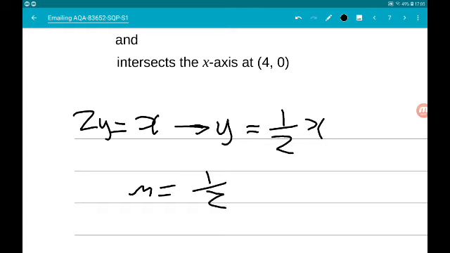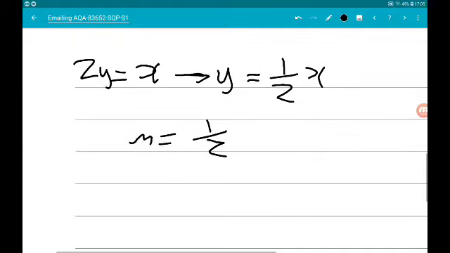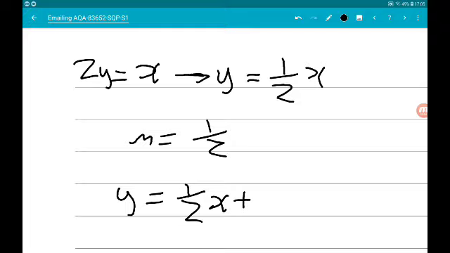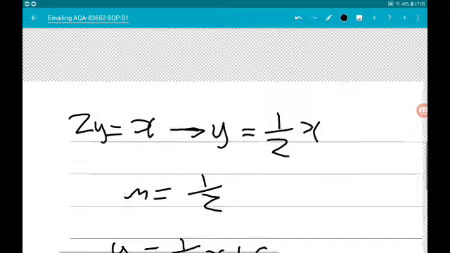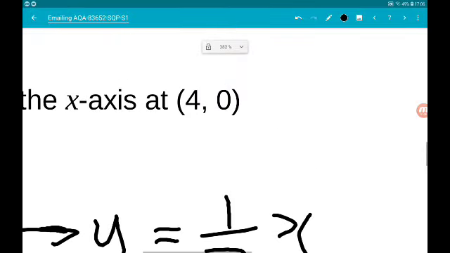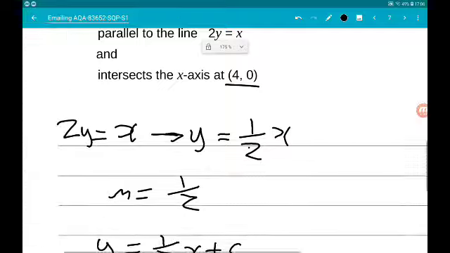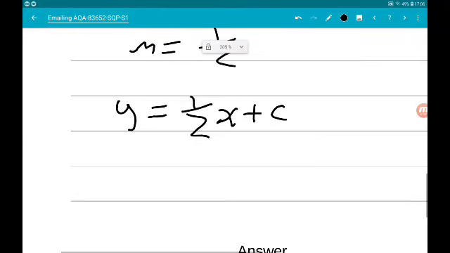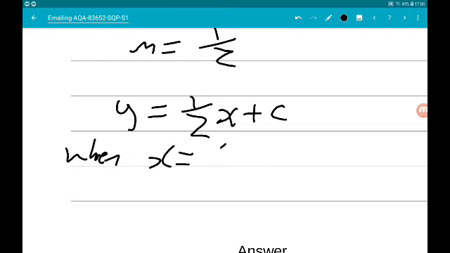If we then substitute that into y equals mx plus c, we know y is equal to 1/2 x plus c. Now we also know that when x is 4, y is equal to 0.